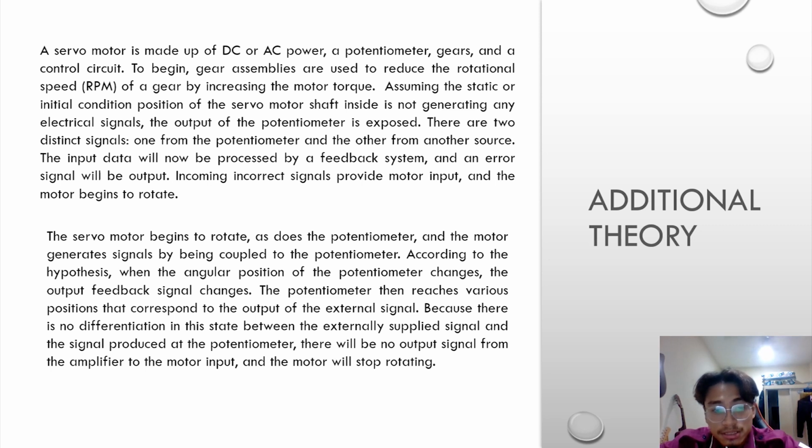There are two distinct signals, one from the potentiometer and the other from another source. The output data will now be processed by a feedback system and an error signal will be output. The incoming error signal provides motor input and the motor begins to rotate.